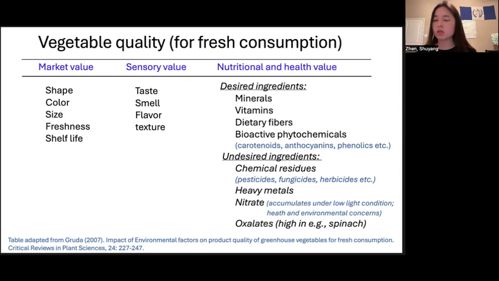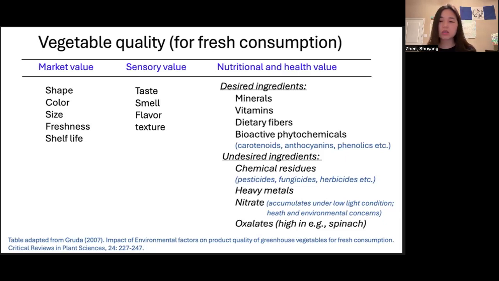In terms of nutritional and health value, we have desirable ingredients, including minerals, vitamins, dietary fibers, and bioactive phytochemicals. But there are also undesirable ingredients such as chemical residues, heavy metals, and some specific phytocompounds such as nitrate and oxalates due to their potential adverse effects on human health.